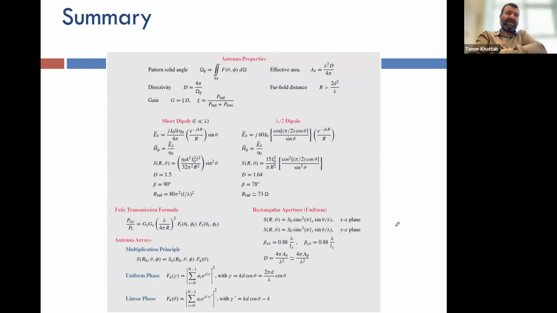And also when you look at the directivity, or basically the more practical one, the gain, this gives you a measure of how good this antenna is in terms of concentrating the energy in the direction of maximum radiation. And accordingly, this helps you with the design.